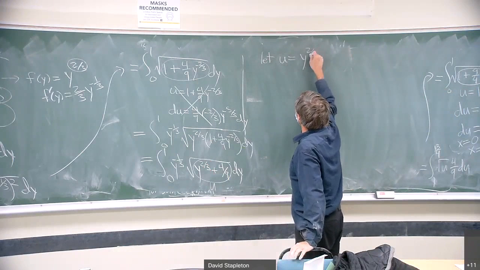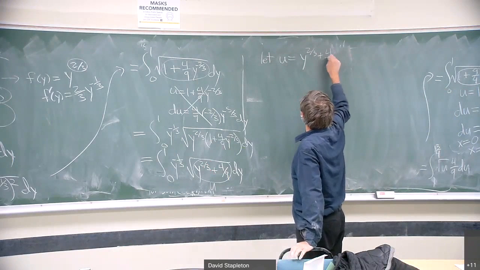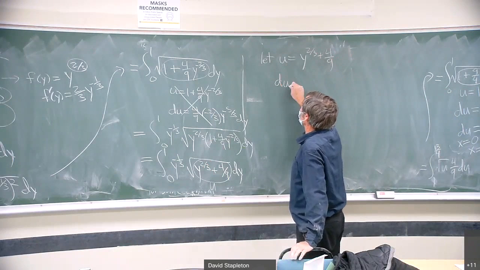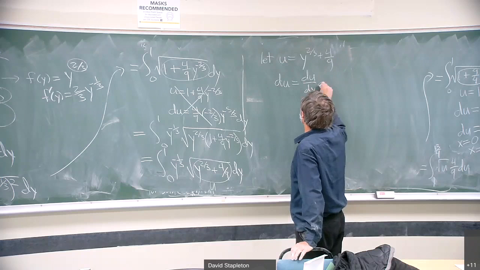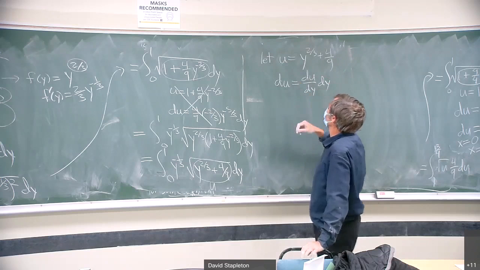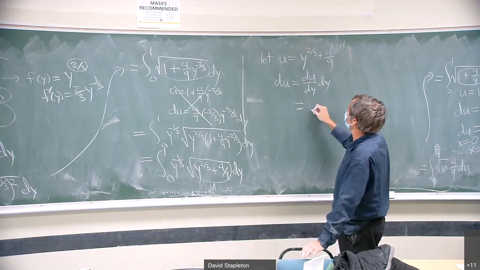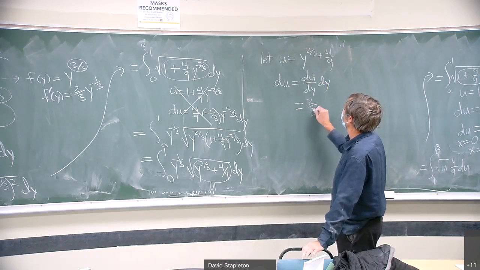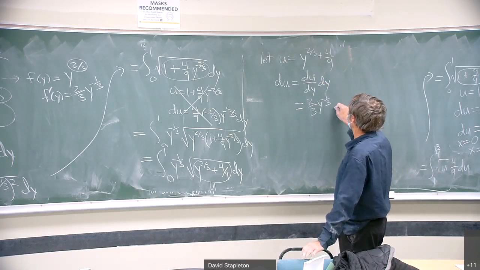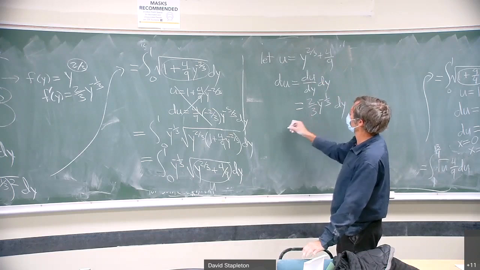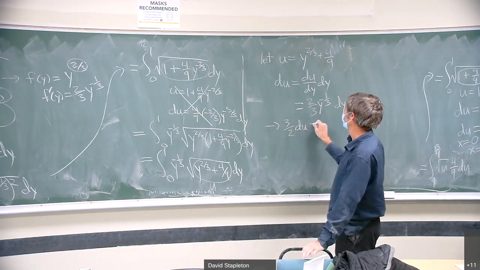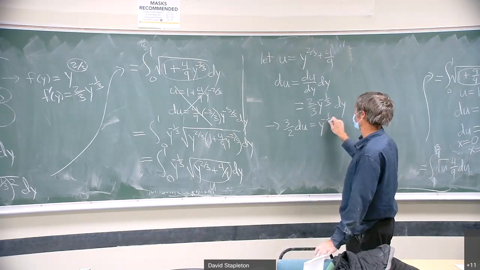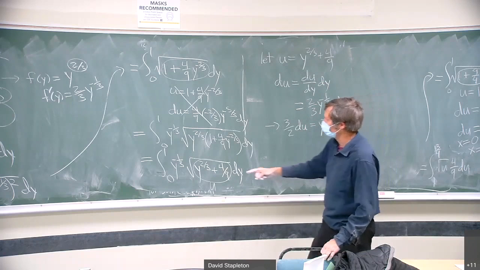y to the 2/3 plus 4/9, du will be the derivative of that times dy, right? Using the rule for differentials, what's the derivative of y to the 2/3? It's 2/3 y to the minus 1/3. And then that multiplies dy. And now if I multiply both sides by 3/2, I'll get 3/2 du is y to the minus 1/3 dy, precisely what I have out here.